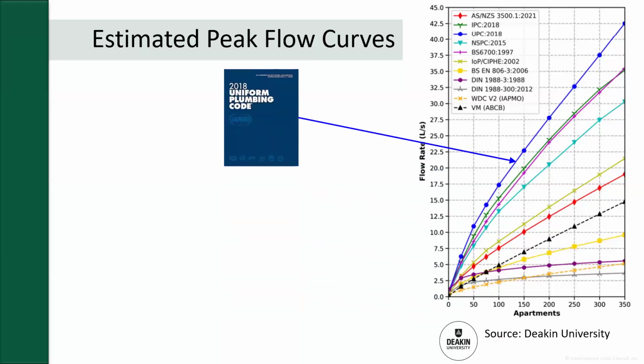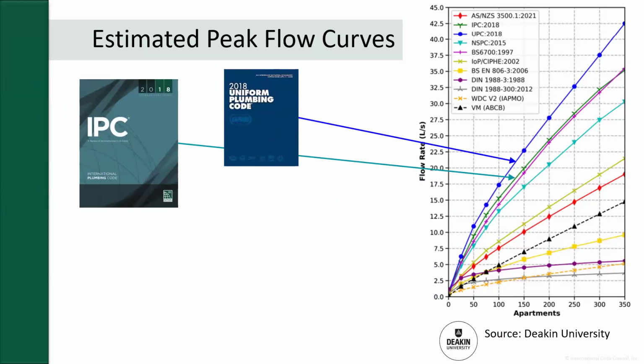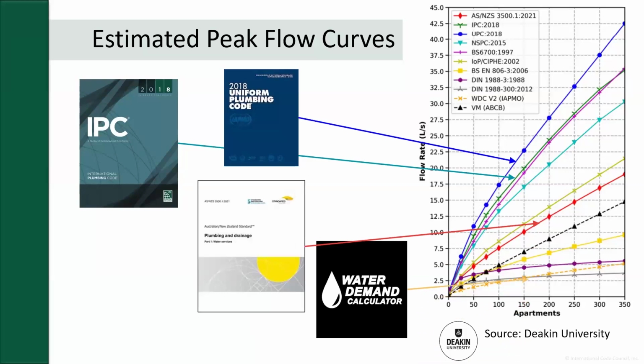There's the peak demand method for the UPC, and then there's the IPC, and there's the Australian code, and there's the water demand calculator.